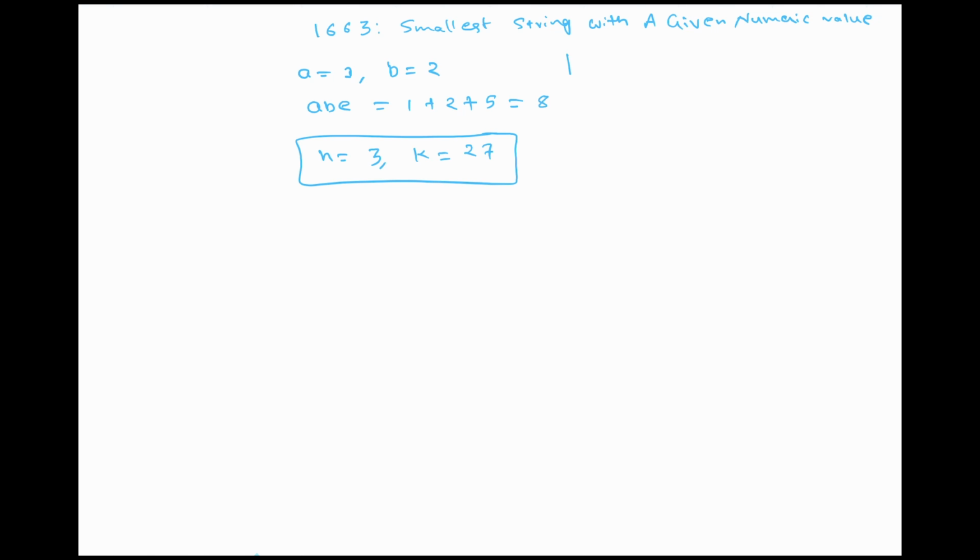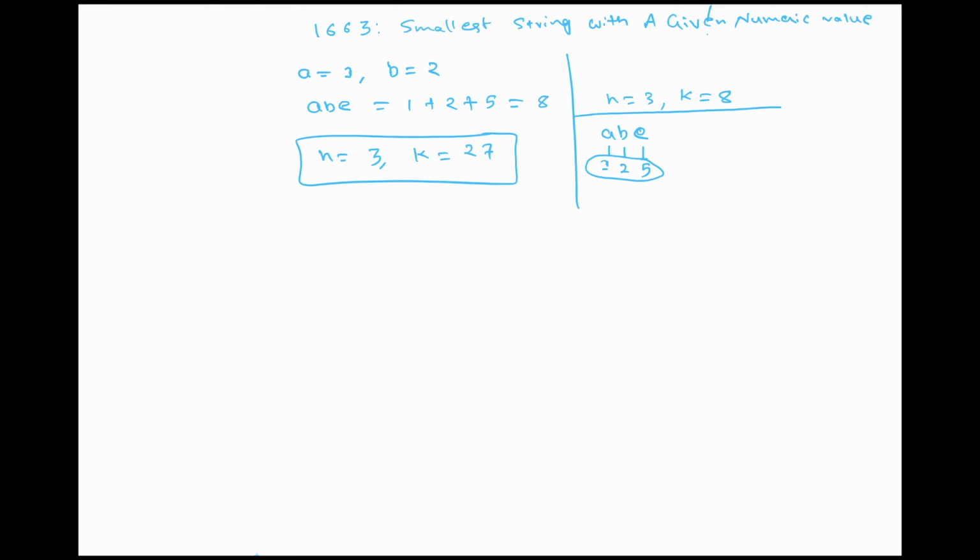So for example, let's say n equals 3 and k equals 8, we can have multiple strings that sum up to this. For example, ABE is one solution, where the value of A is 1, the value of B is 2, the value of E is 5, so the sum of these 3 equals 8.